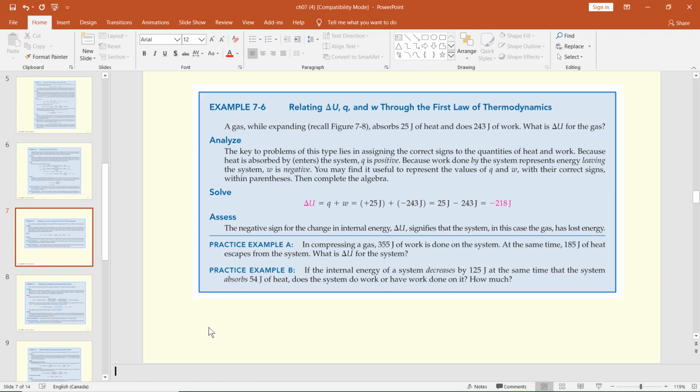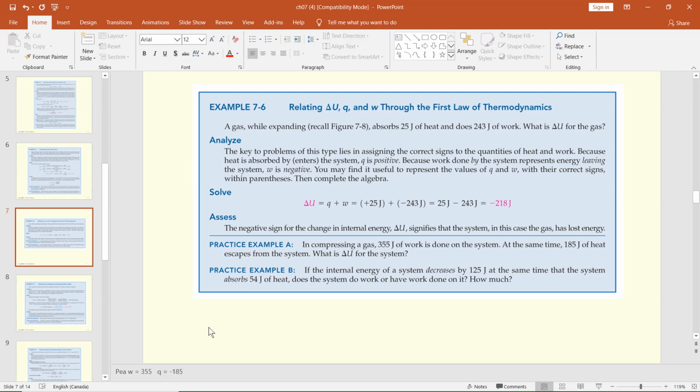So in practice example A, in compressing a gas, 355 joules of work is done on the system. So W equals 355, and at the same time 185 joules of heat escapes. So Q equals negative 185.